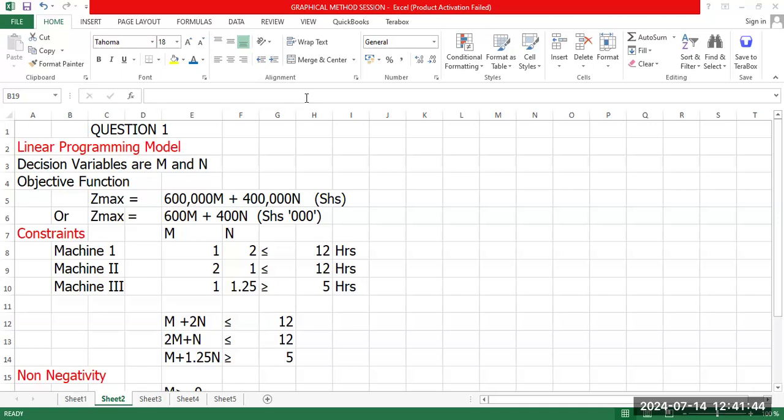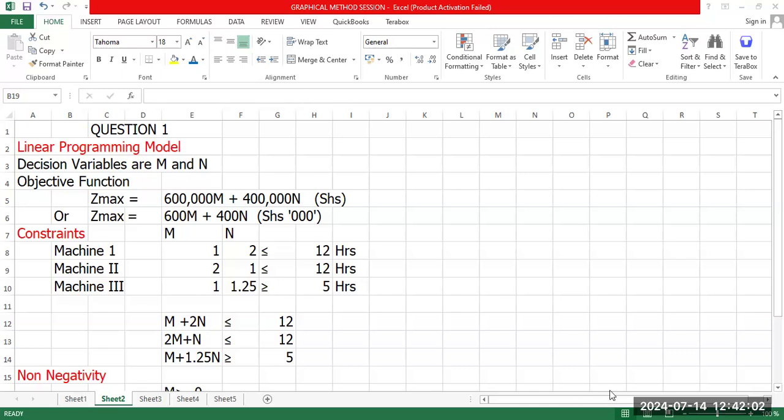That is the only challenge with this linear programming number. You must know how to form it. You cannot fail here.